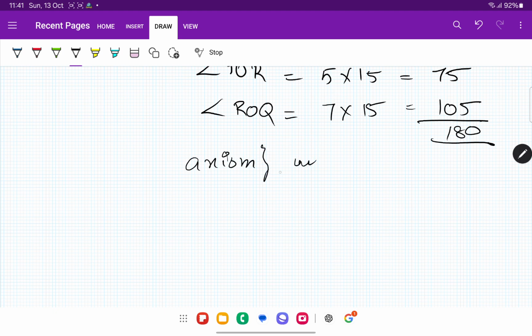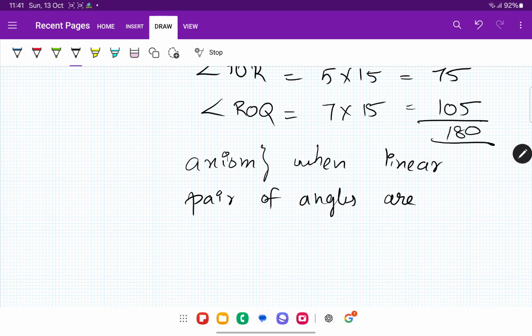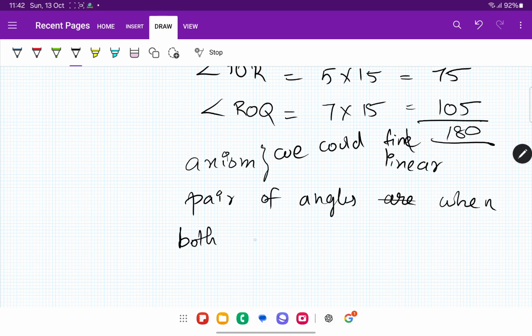Here the axiom is: linear pair of angles, when both non-common arms form a straight line.